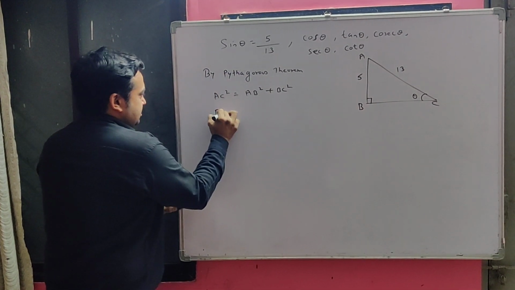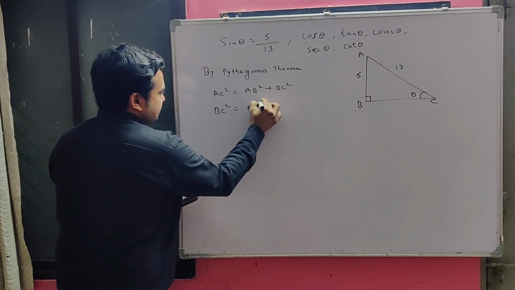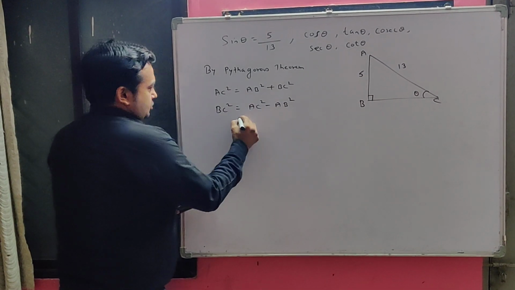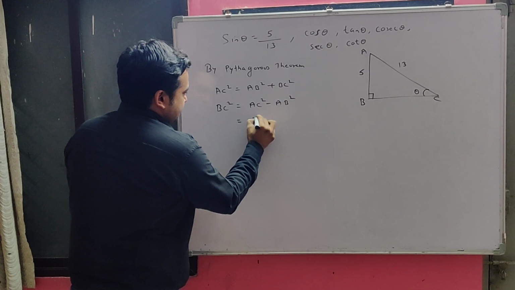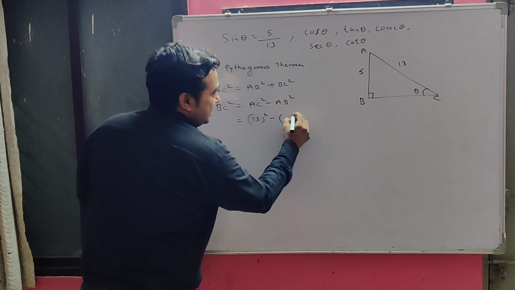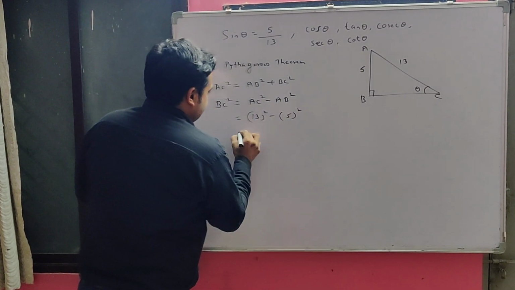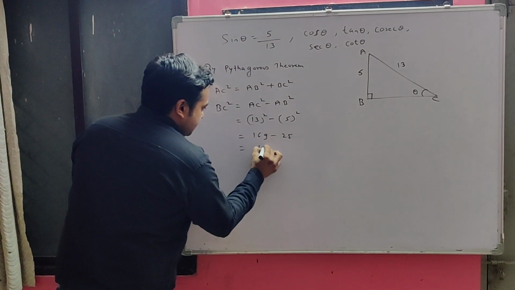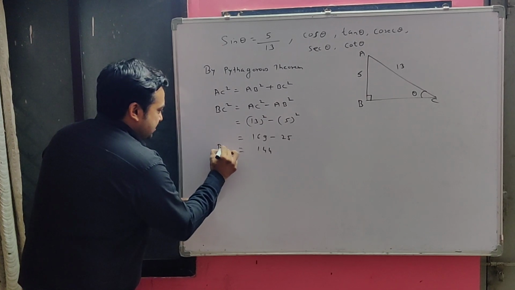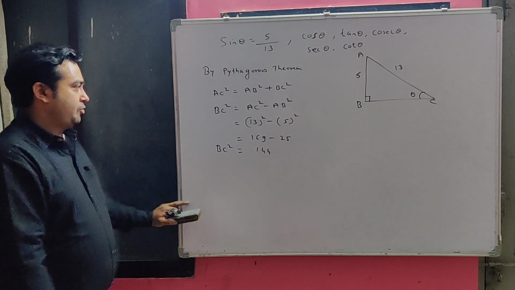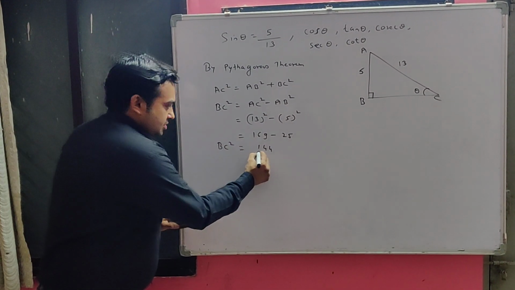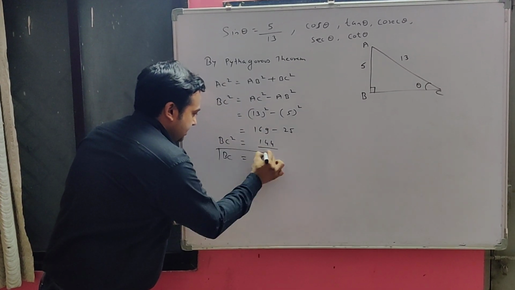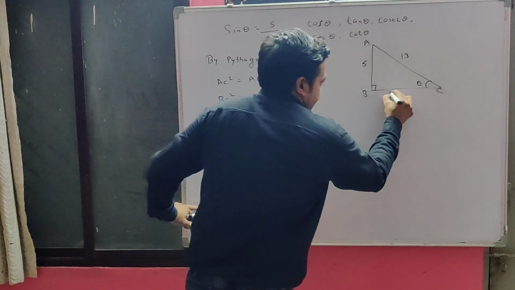BC square will be equal to AC square minus AB square, which is 13 square minus 5 square. It will be 169 minus 25, which is 144. So BC square is 144, and 144 is the square of 12. So BC is 12.